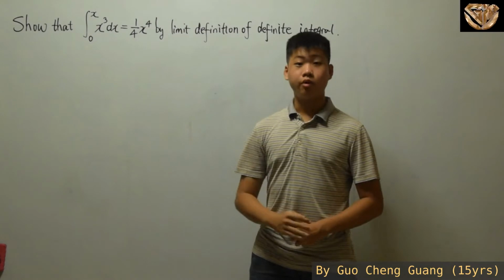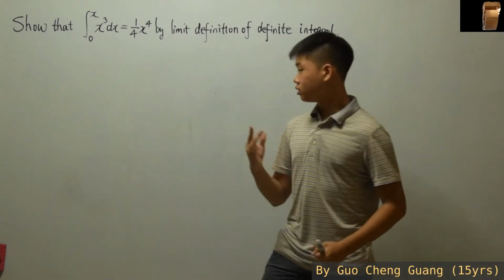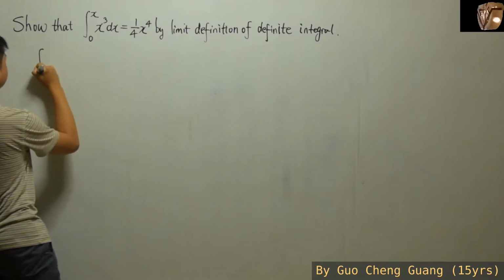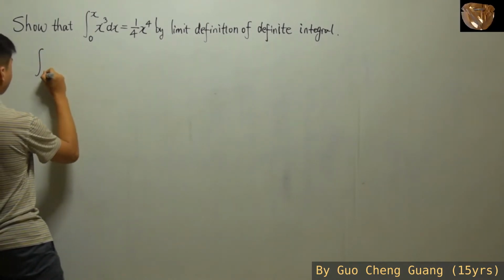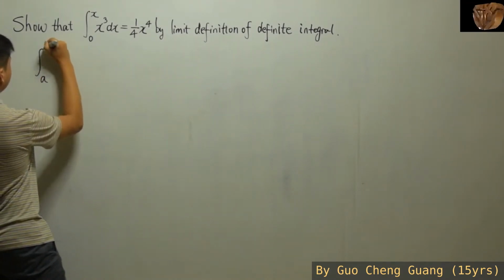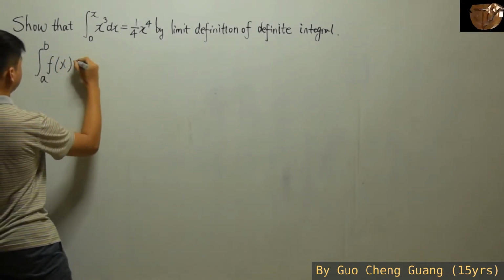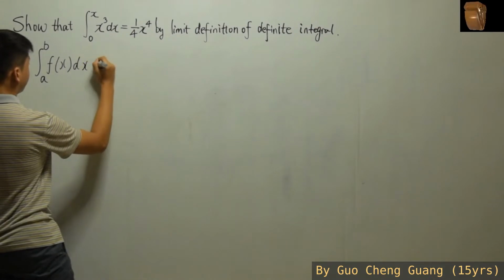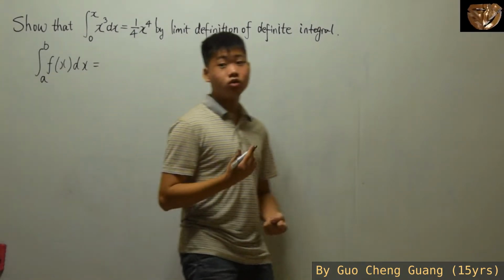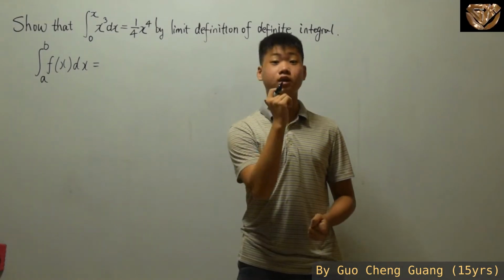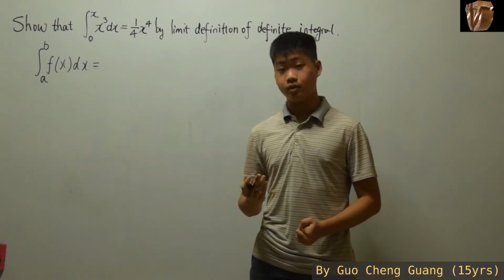But then again, how are you going to find all this area? Let's take a pretty generic integration example, where you're integrating from a to b, and you have this specific function of x, and you have to integrate this. So how exactly are you going to find this area under the curve in a different way?